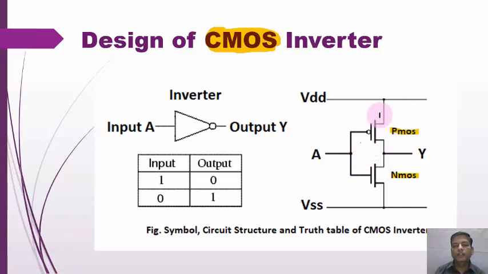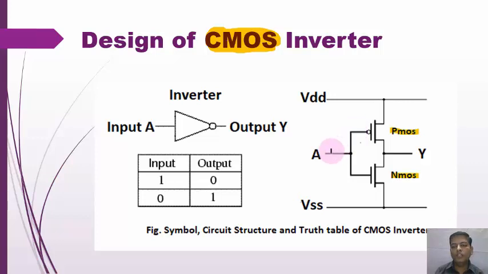First, the names of the terminals. For PMOS there are source, drain and gate. For NMOS there are drain, gate and source. Here the PMOS source is connected to VDD and the NMOS source is connected to VSS. How does it function?